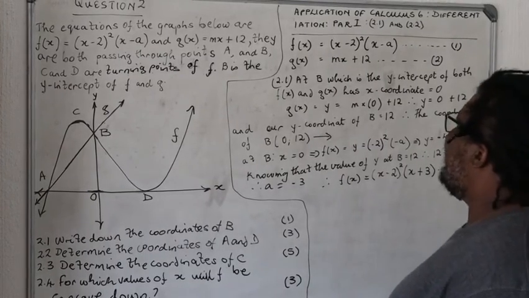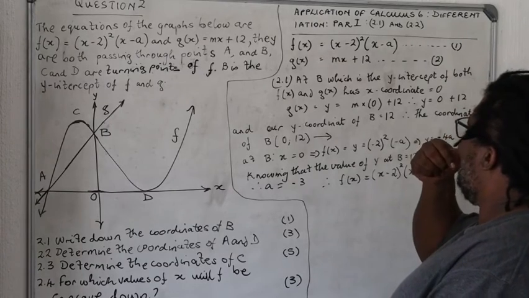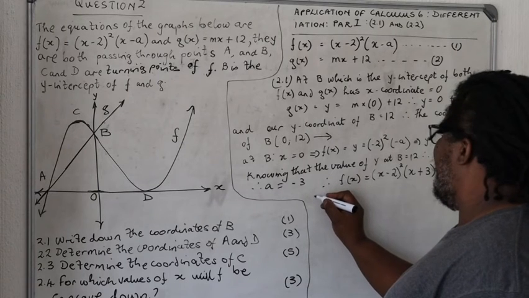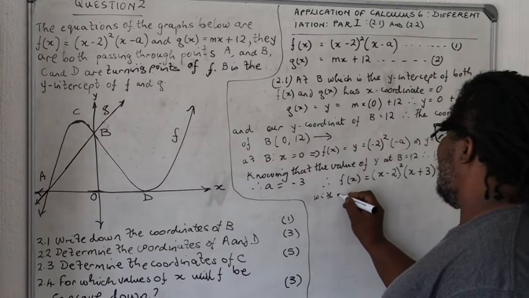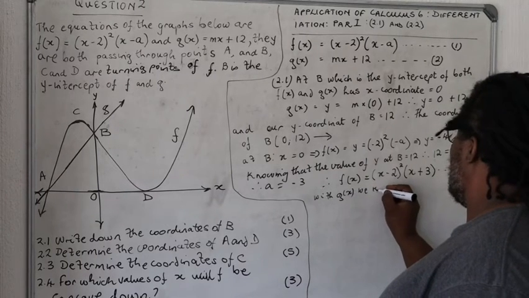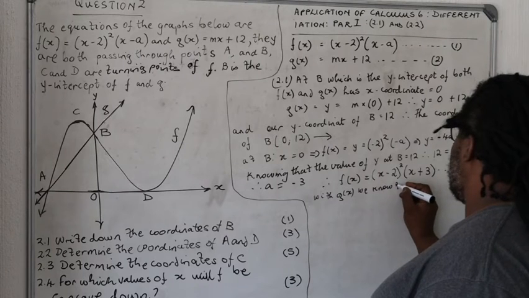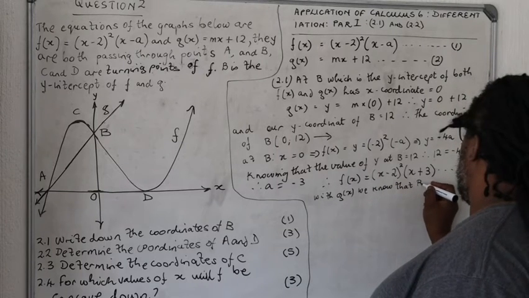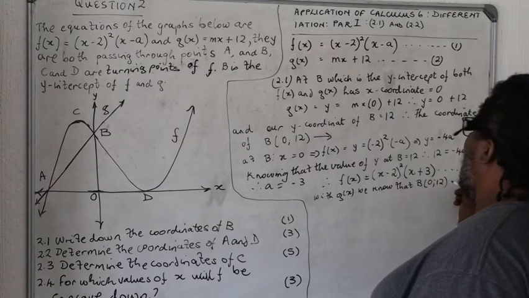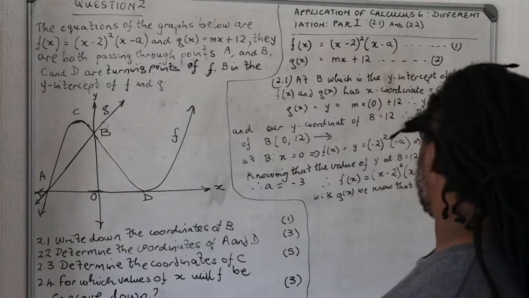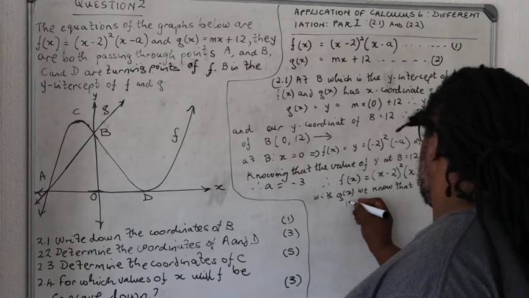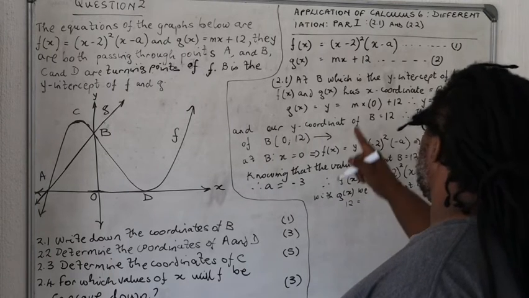So also with the g(x), we know that coordinates of B are 0 and 12, so we can get the value of m by saying g(x) is equal to 12 equals m.